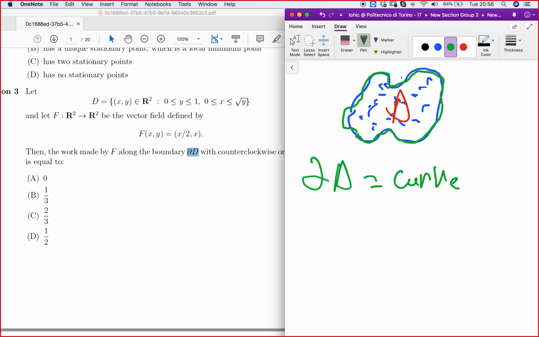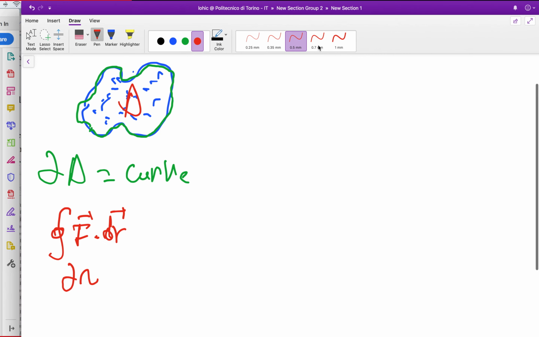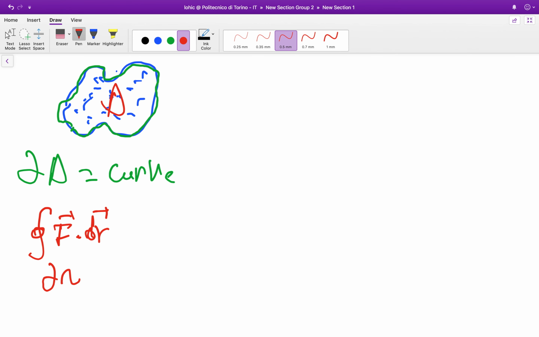So what the Green theorem says is that the integral of a vector field on the border of the domain, where we use dγ, the tangent vector, because we are moving at each point, means the work.